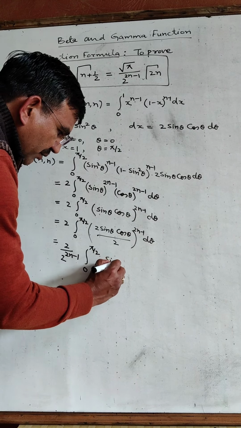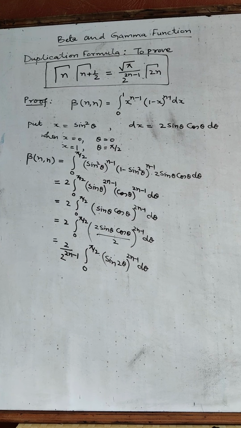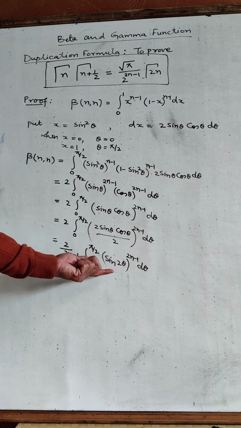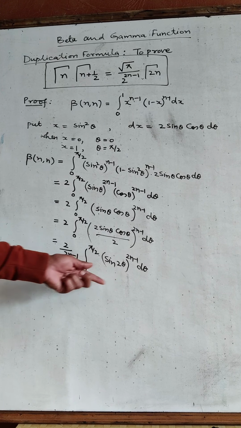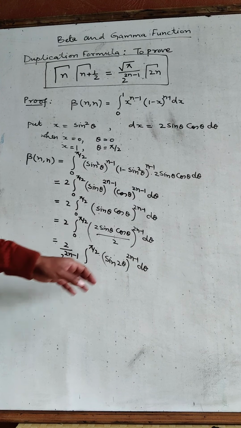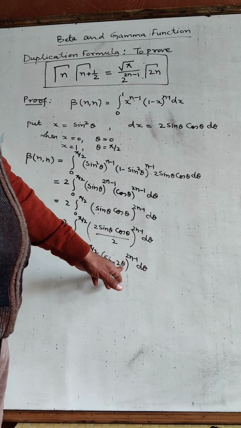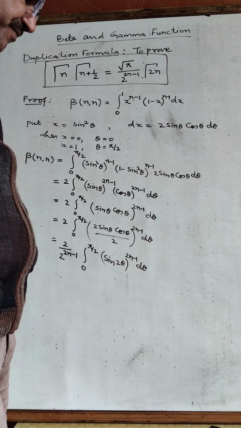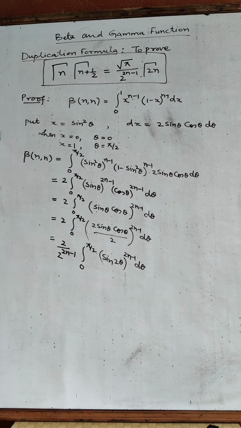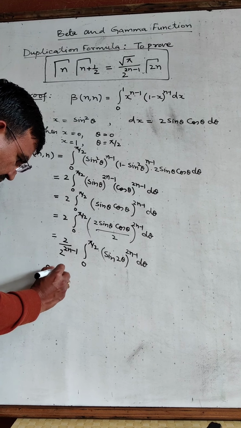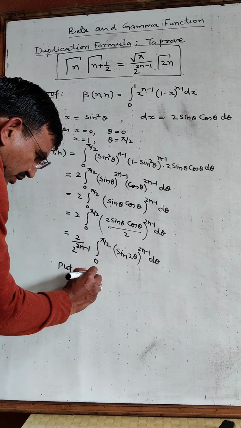Now even in our beta gamma function we have converted integrals of sine and cosine functions with the limit 0 to pi by 2 into the form of beta and gamma functions. But here it is a multiple of theta. So to remove this multiple, we will make another substitution: put 2 theta is equal to t.